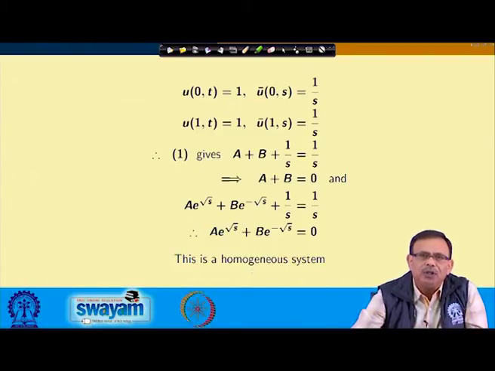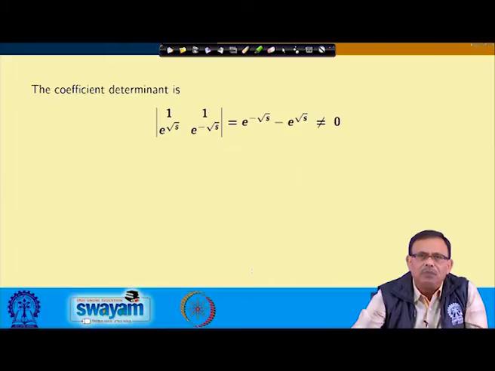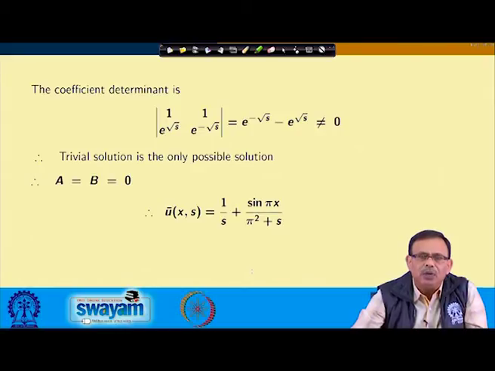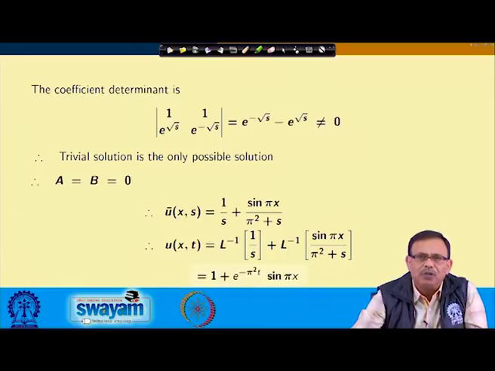This is actually a homogeneous system, because on the right side you have 0. So, if you take the determinant of the coefficients, you find that the determinant is non-zero. Therefore, the trivial solution is the only possible solution, and the trivial solution is a equals 0 and b equals 0. Once you substitute a equals 0, b equals 0, you will obtain u bar x s equals 1 by s plus sin pi x by pi square plus s, and u x t is nothing but Laplace inverse of 1 by s plus Laplace inverse of sin pi x by pi square plus s.